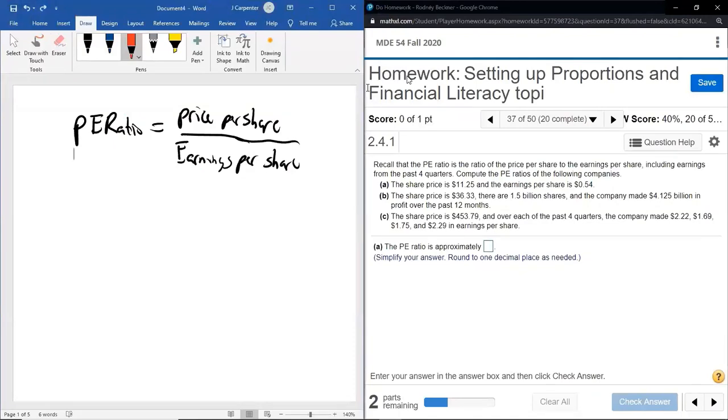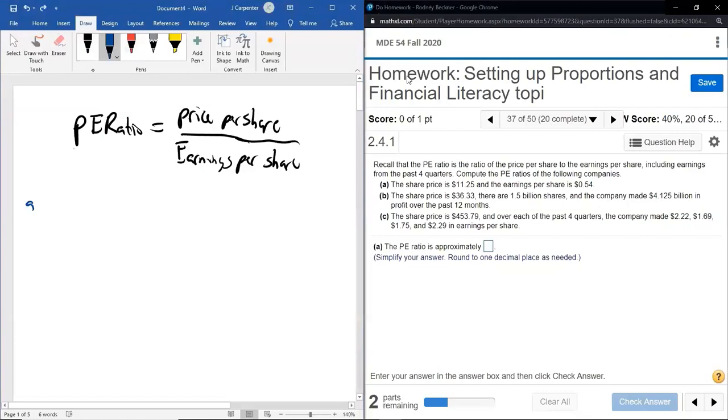Compute the PE ratios of the following companies. A, the share price is $11.25 and the earnings per share is 54 cents. So whenever you're given a share price, that's a price per share. That's just another way of phrasing that.